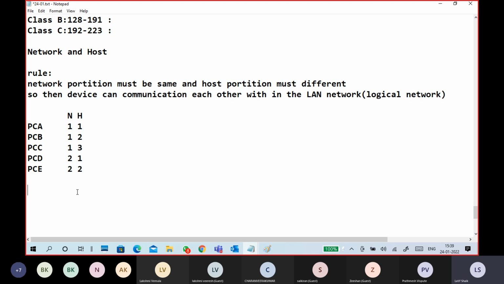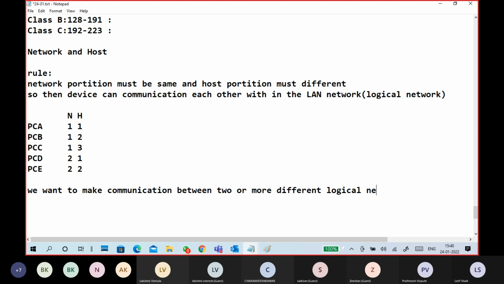Next, if you want to make communication between two or more different logical networks, what do we need? Different networks, you want to make a communication. What device do you require?